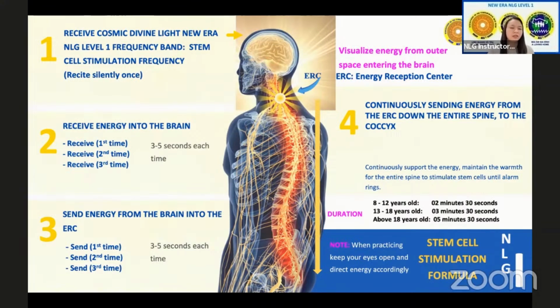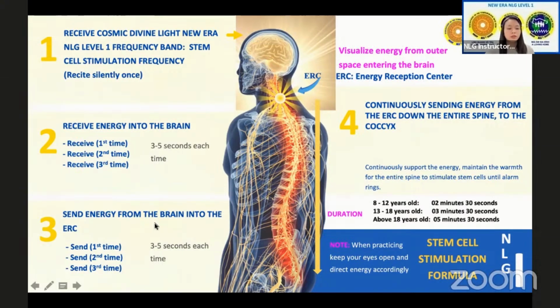Just visualize a flow of energy coming into your brain. There's no need to specify that, because then you'll get distracted. Remember that between each time you receive this energy, you need to wait for 3 to 5 seconds in between. It's about taking your time, as well as giving the cells in your body time to understand exactly what it is that you wish to do.